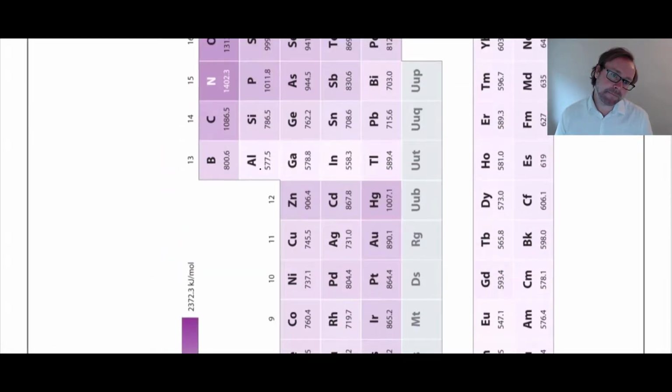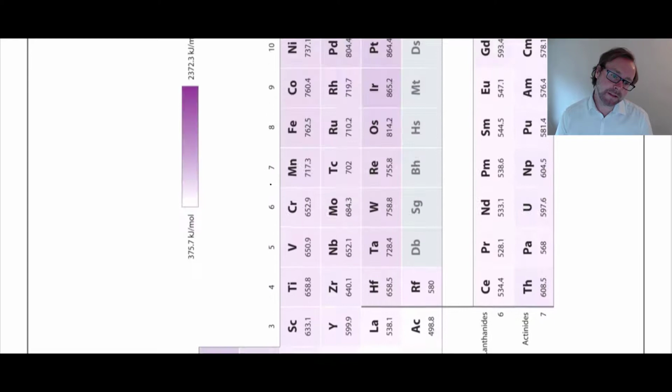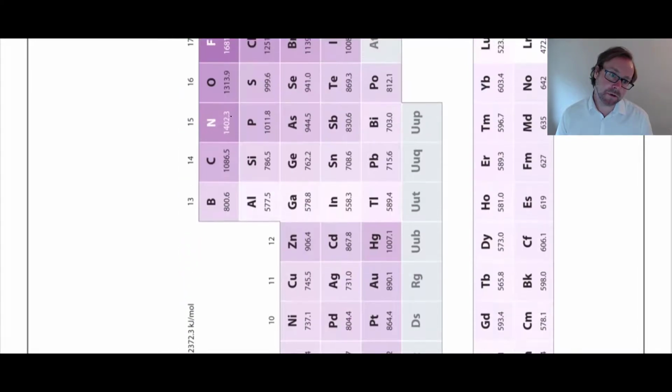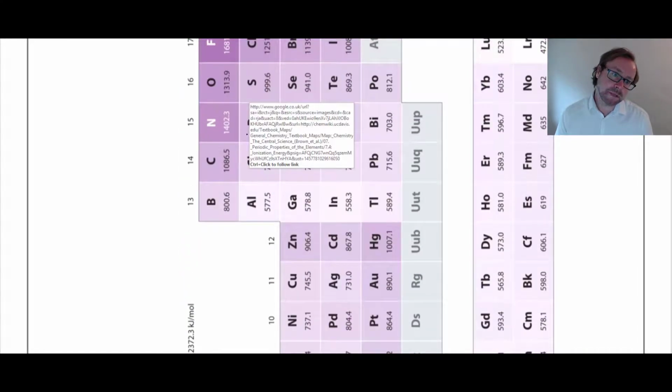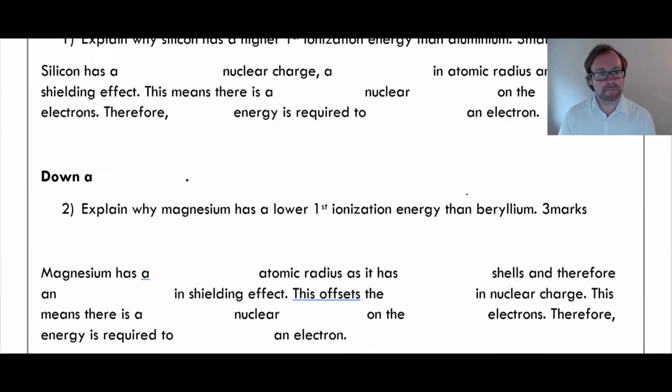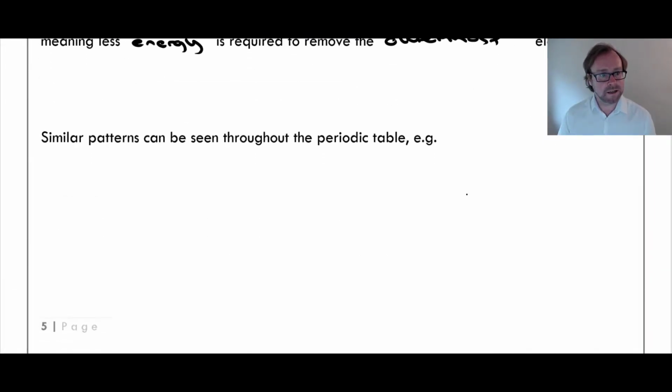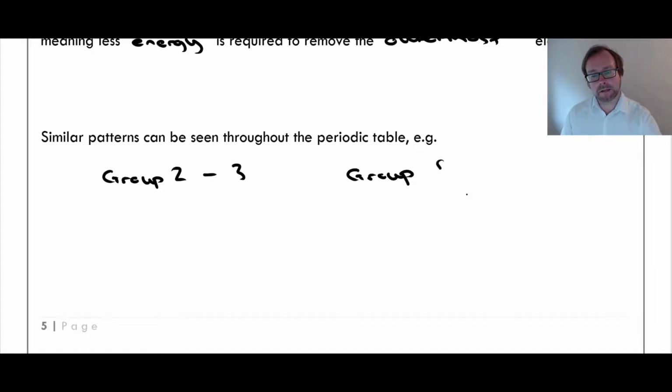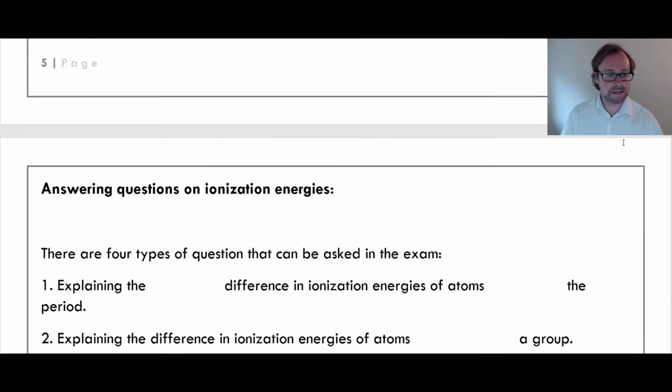Magnesium and aluminium, same thing, between group 2 and group 3, and between group 5 and group 6, phosphorus and sulfur. So it's always between group 2 and group 3, and group 5 and group 6.